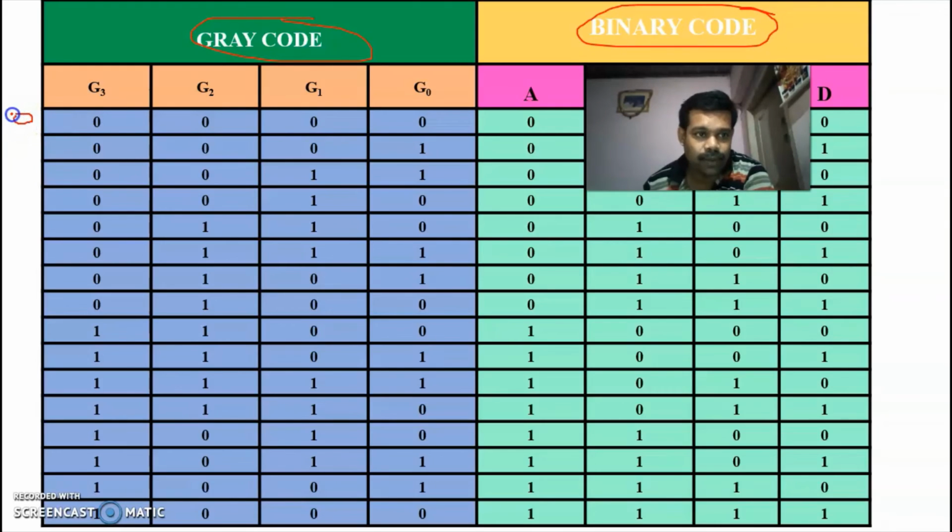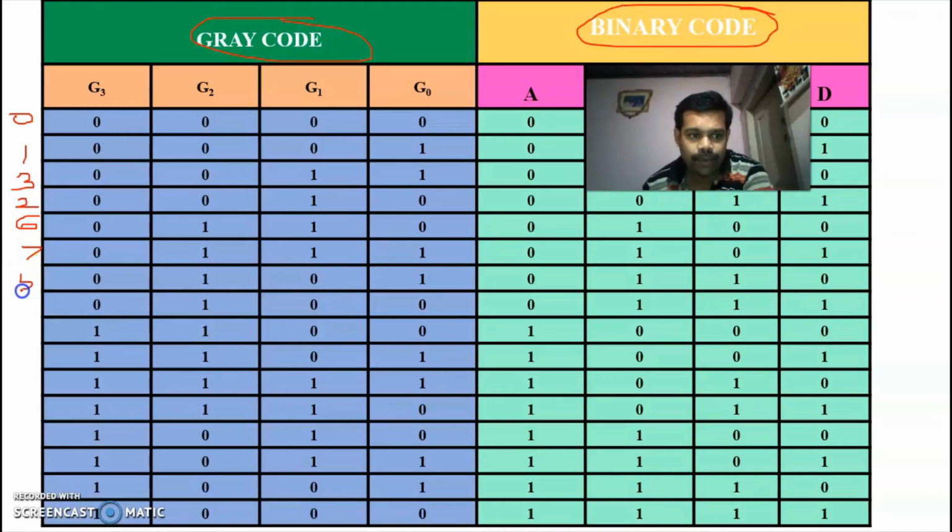This is 0, this is 1, this is 2, this is 3, this is 2, then this is 6, this is 7.